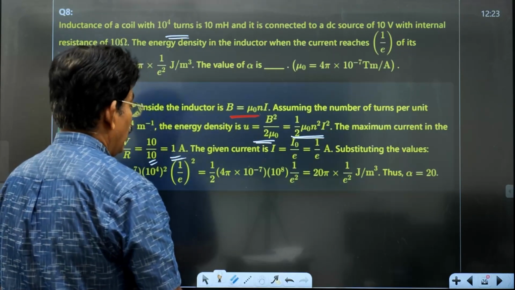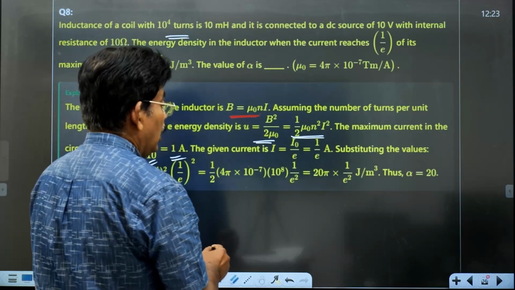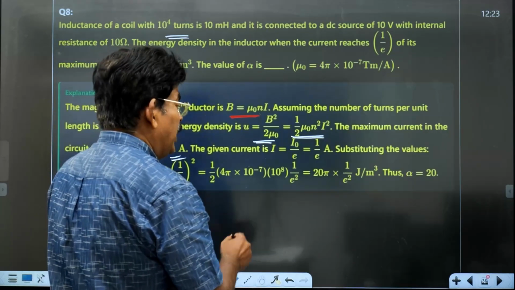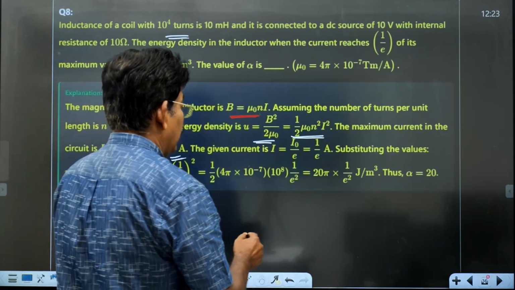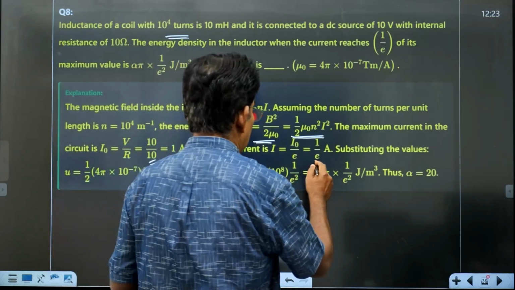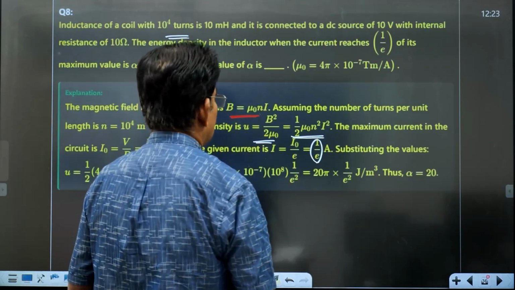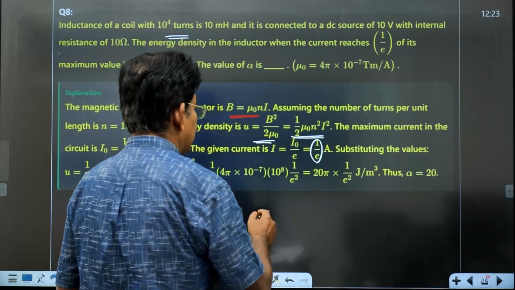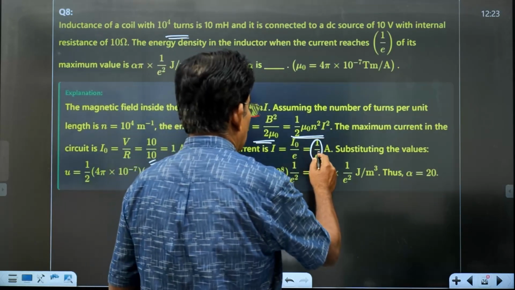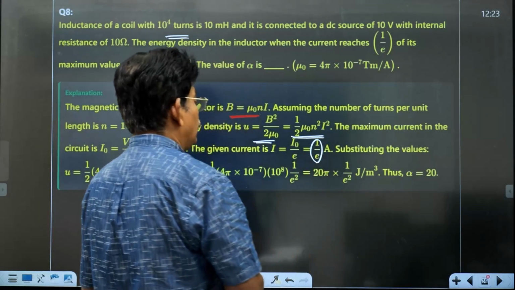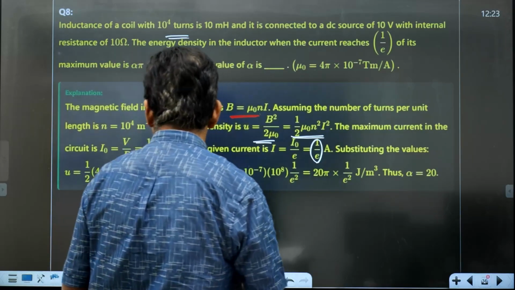Is it so? And it is told that current has become I by E or maximum by E. That is, I is 1 ampere, 1 by E. So we want to calculate what? The energy density corresponding to current 1 by E. So what is the formula for it?